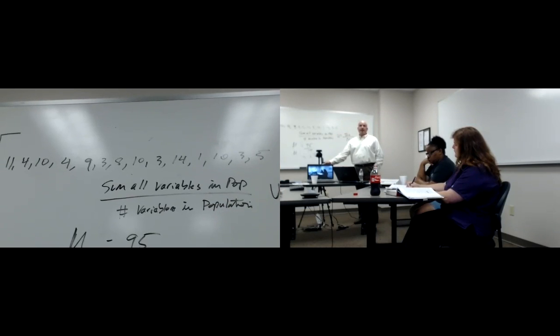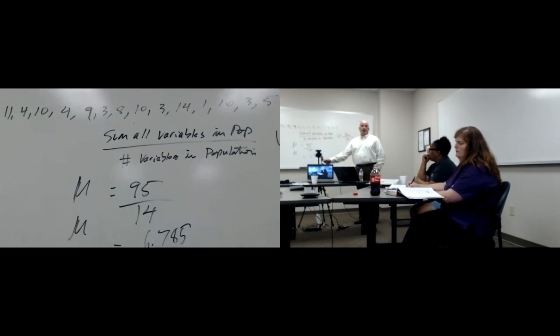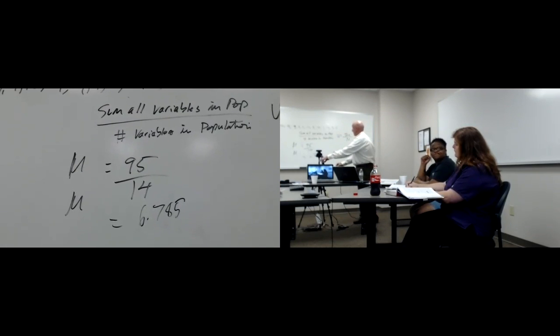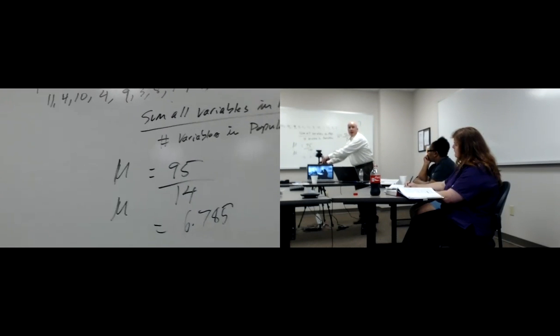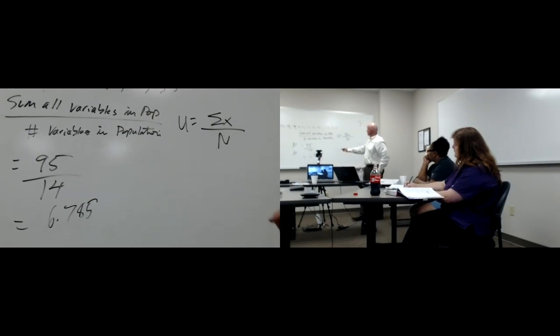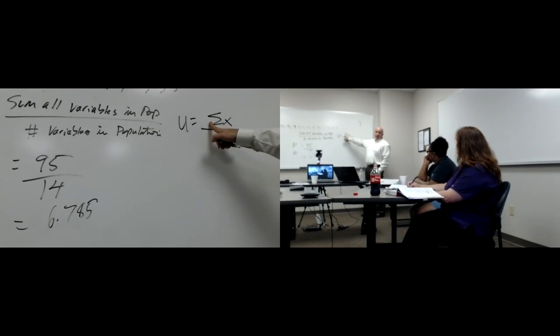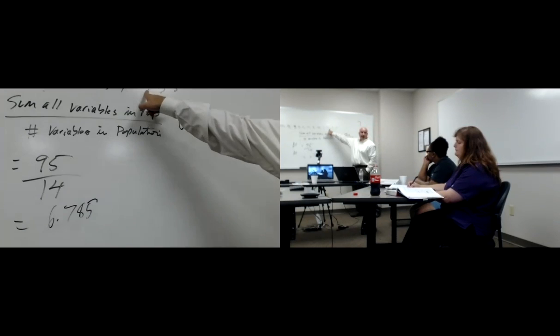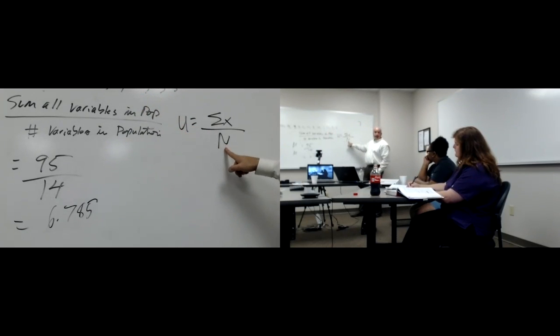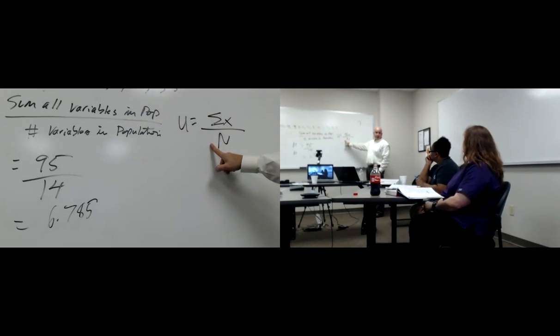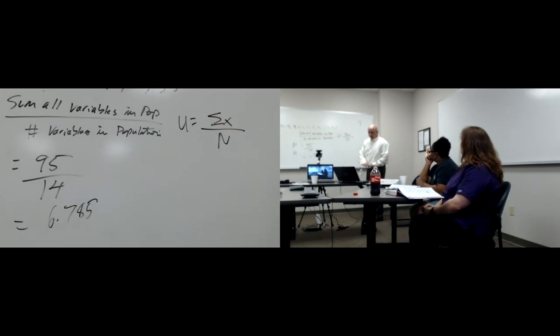This is telling me the sum of x, x representing these variables, and a capital N meaning the number of these variables. So applying this formula, we sum the variables and divide by the number of variables.